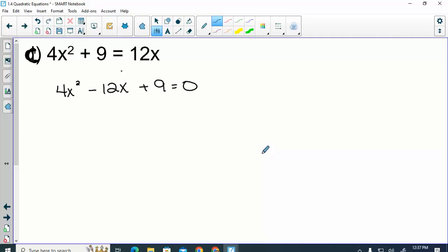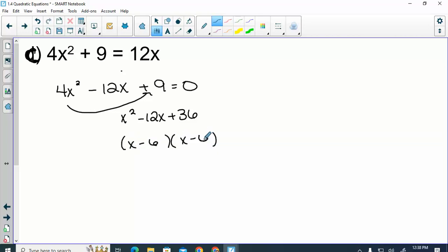What did you guys do on these? Slip and slide. So you bring that 4 down. So that's x squared minus 12x plus 36. Multiply to 36, add to negative 12. Negative 6 and negative 6. And then what do we have to do?